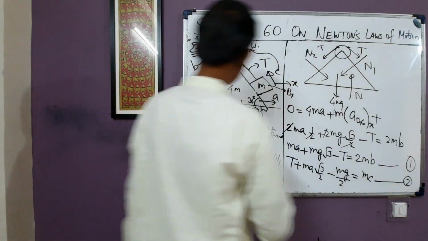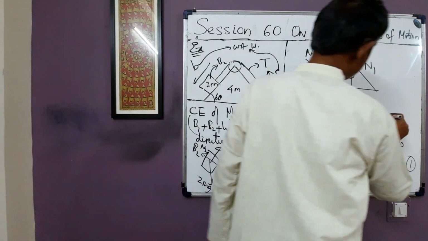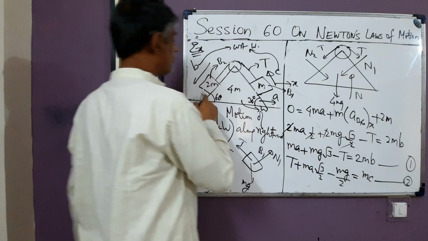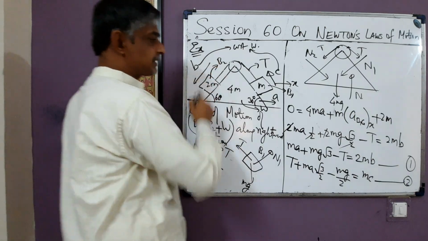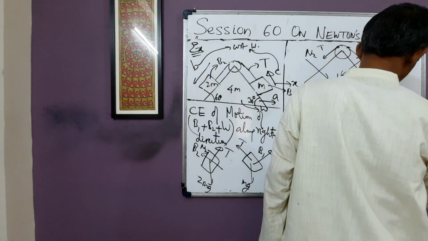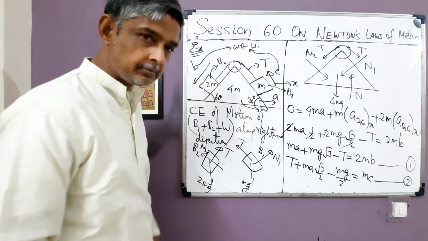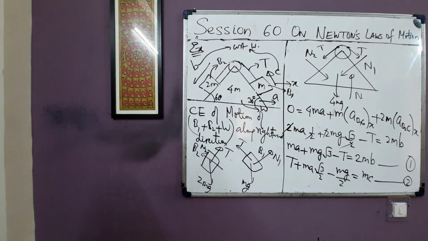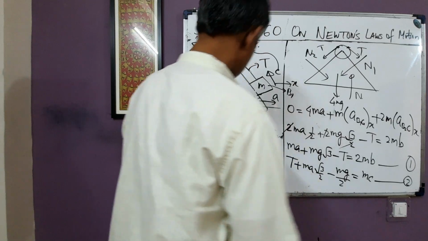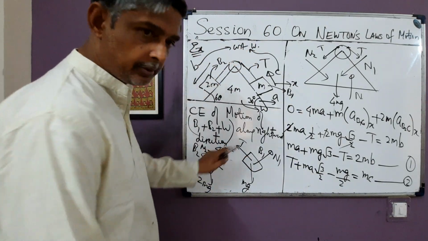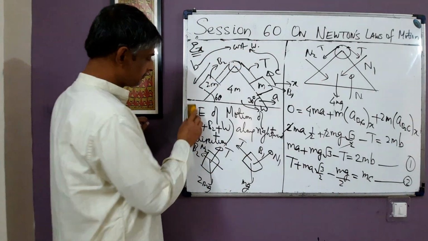Plus, now this block, 2M times x component of acceleration of block B2 with respect to ground, A B2 gx. Now I'll rub all this, it is of no use.